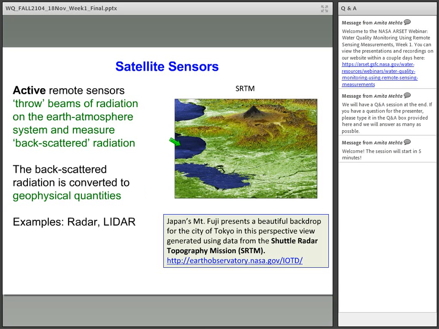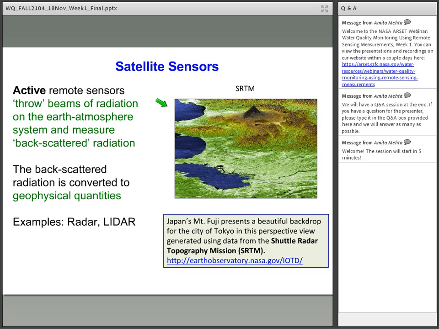An example shown here is from the Shuttle Radar Topography Mission from the Space Shuttle. This radar was carried and it provides global terrain. This particular example is Mount Fuji, but terrain data are again used in water quality modeling because they route the model to streams. So this is one of the data sets useful indirectly for water quality monitoring as well.